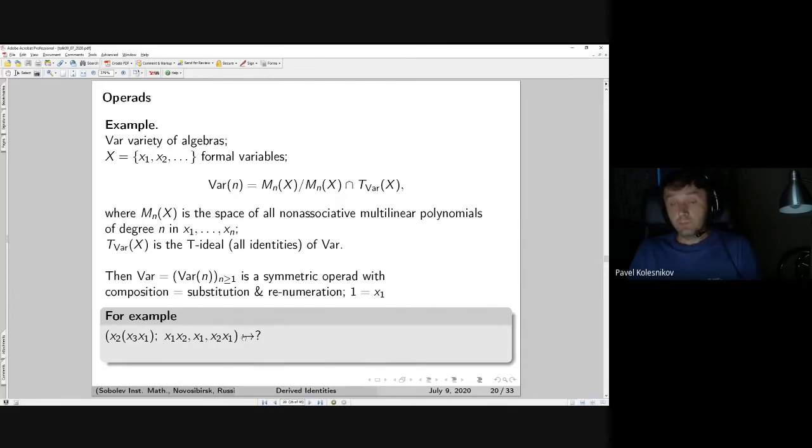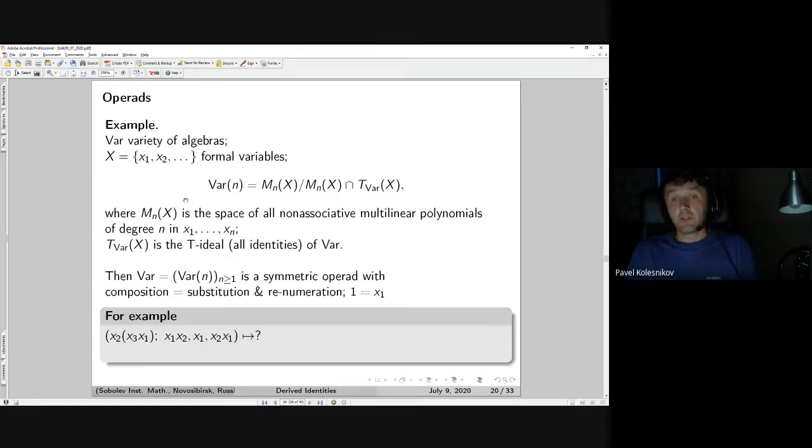For us, in order to apply to algebraic problems, another class of operads will be essential: operads related to varieties of algebras. Suppose we have a variety of algebras, not necessarily binary, by the way.